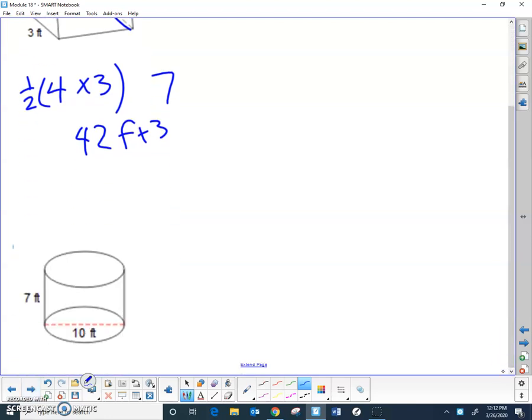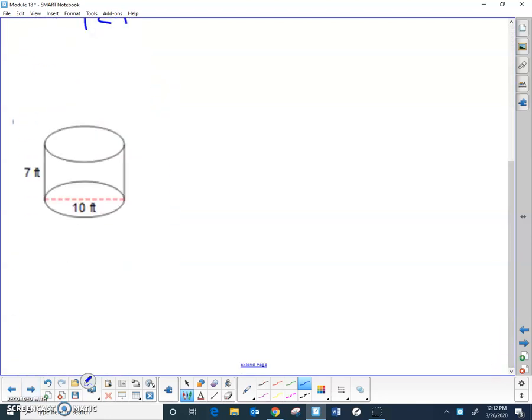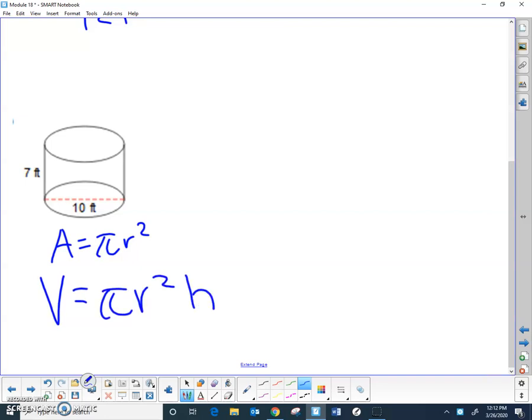All right, so cylinders. Cylinders are the same thing. We need the area of our base, which in this case is pi times the radius squared. We talked about that already. So the volume of a cylinder is pi r squared times the height. That pi r squared would be our big B in the equation.